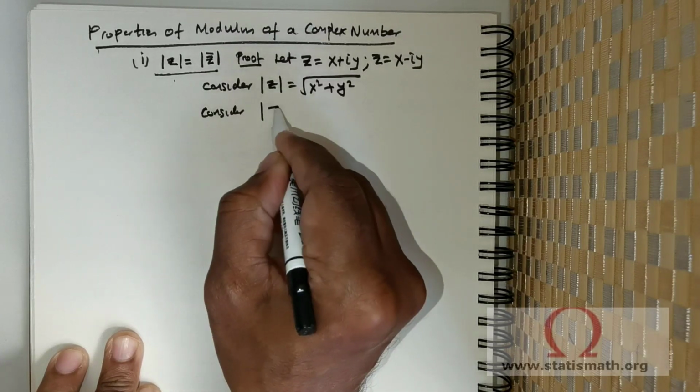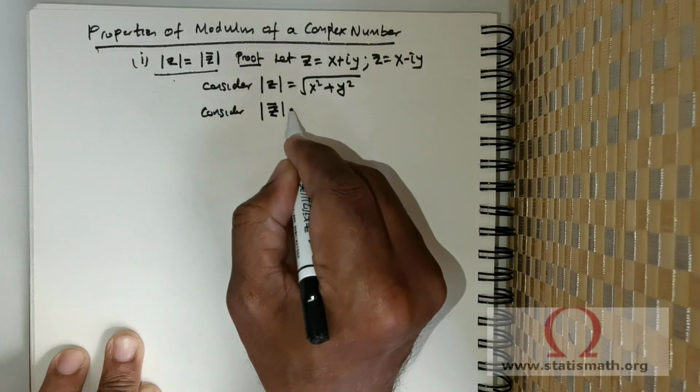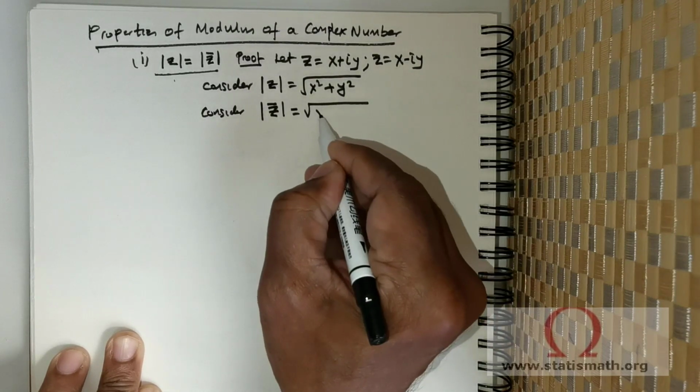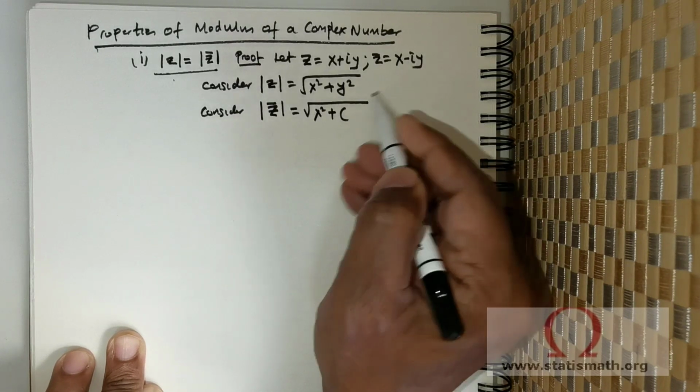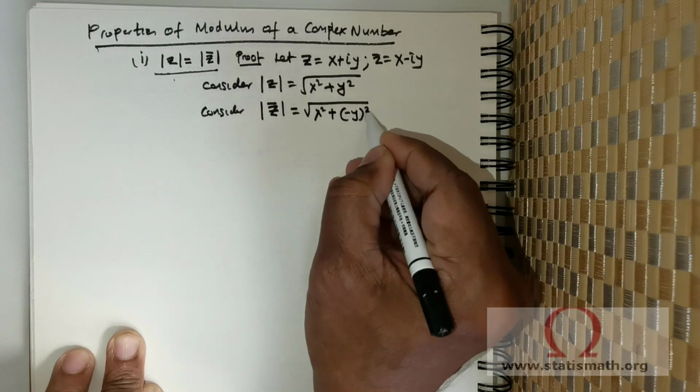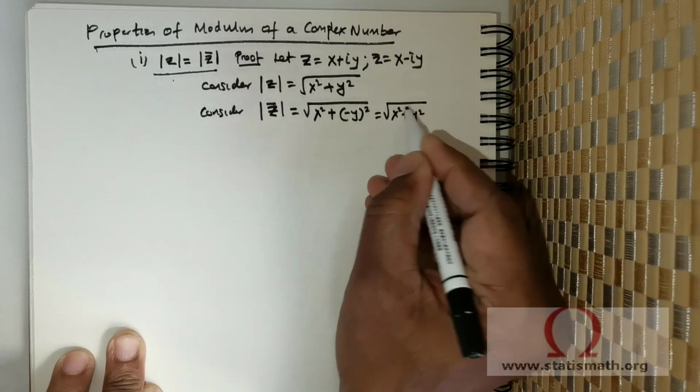Now consider the modulus of its conjugate. That is going to be root of x squared + the coefficient of i, which is -y, squared, so that gives you x squared + y squared.